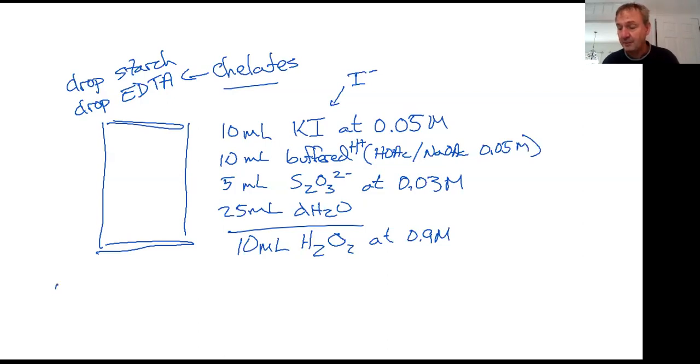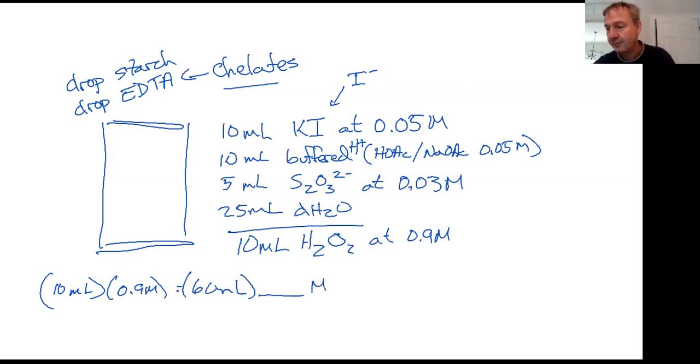So 10 mils of 0.9 molar peroxide in 60 mils, and look at my new toy, so that would be 0.15, I think, right? And you can do that for all of these.